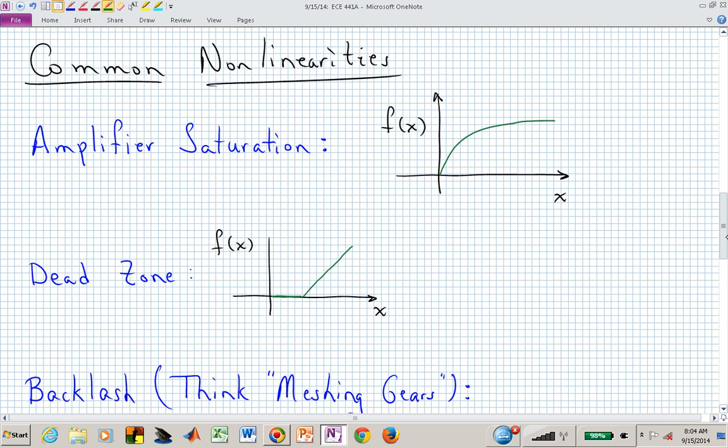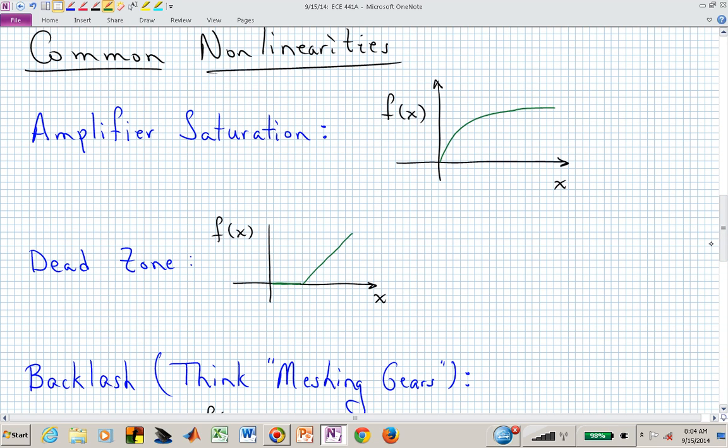Some common ways of finding nonlinearities: if you have an amplifier, or if you even have a resistor. Maybe if you drive it too hard or too far, maybe it's no longer directly proportional to the current in terms of a resistor. Or an amplifier, maybe it saturates at a certain value or voltage.